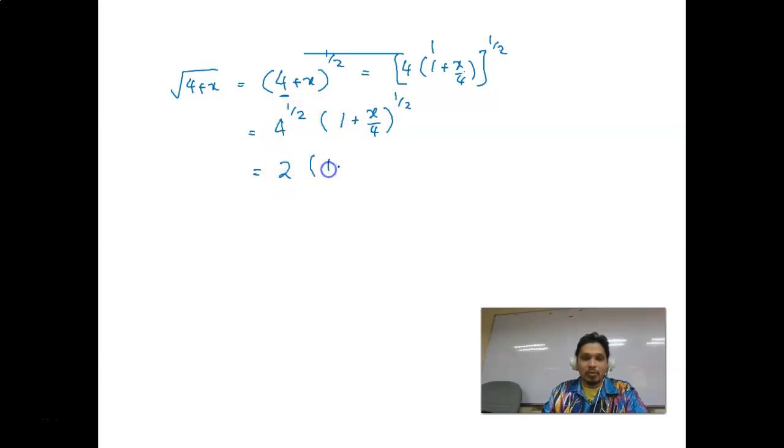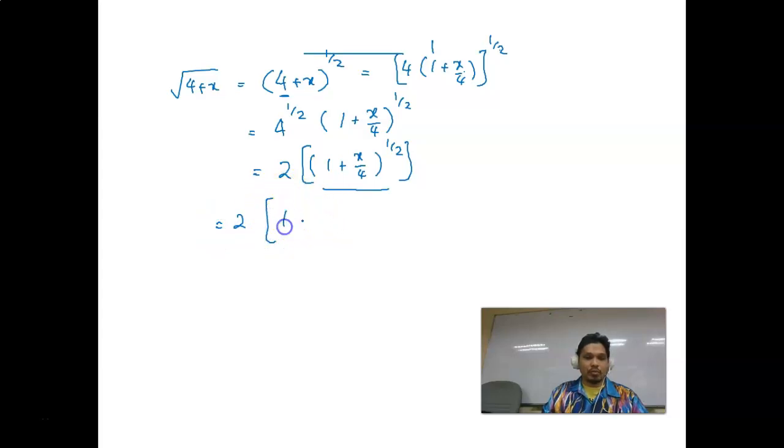And then 1 plus x over 4 power of half. So from here now, this is the one that we're going to expand for the binomial expansion here, which is 2.